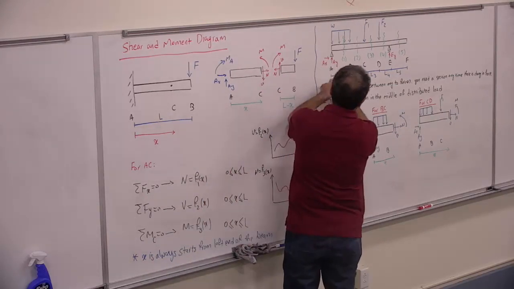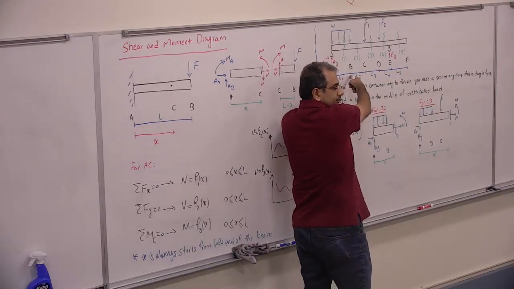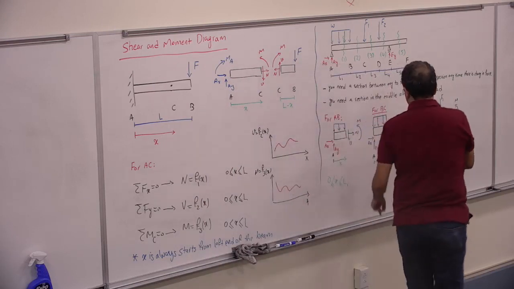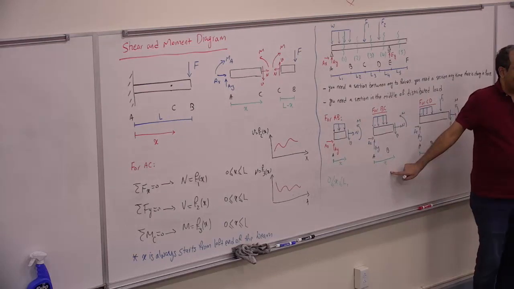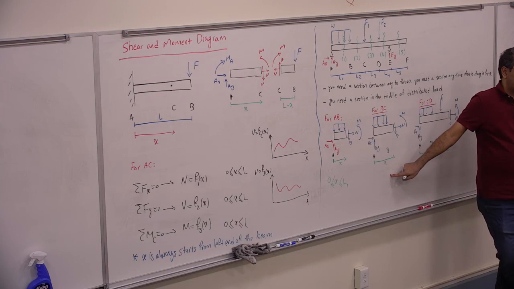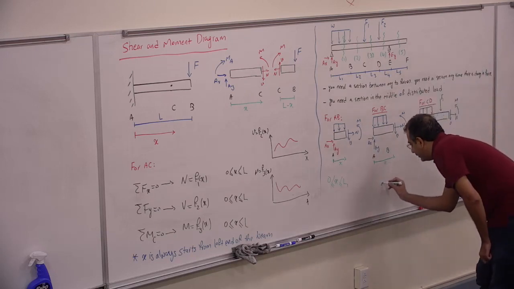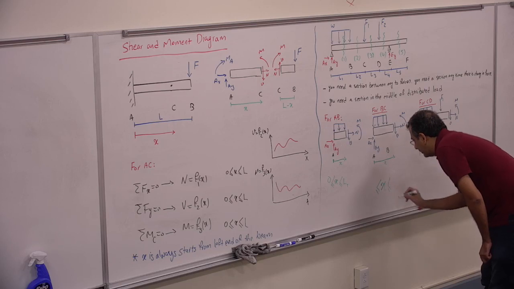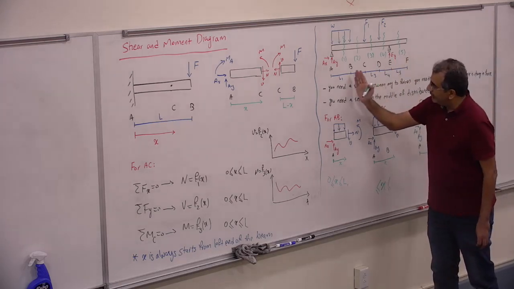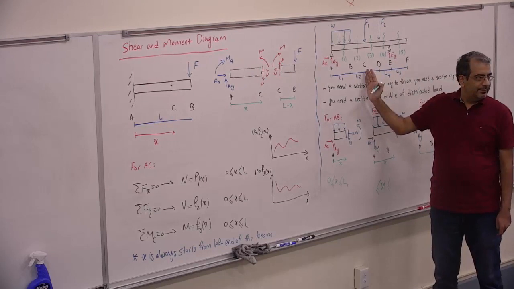That is, X is from here to here. Okay. For this one, where's X going to be from? Zero to L2, or 0 to L1 plus L2. So for this one, X is from here to here. That makes sense as well.